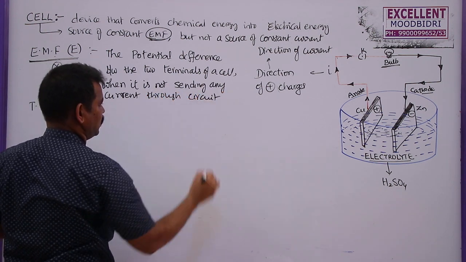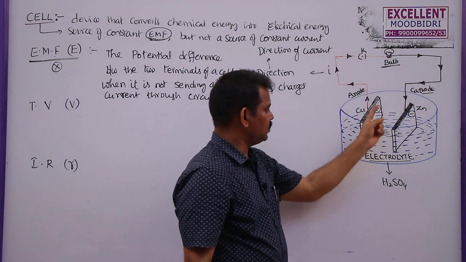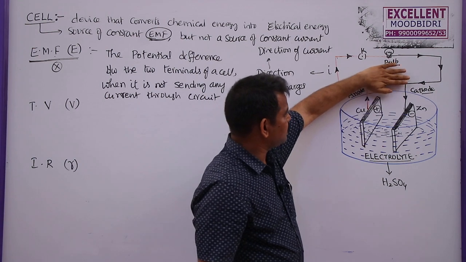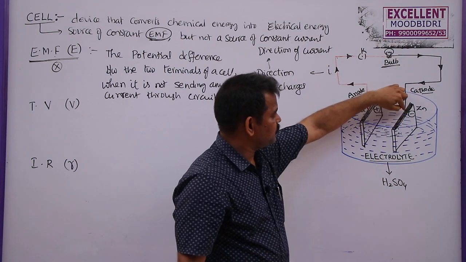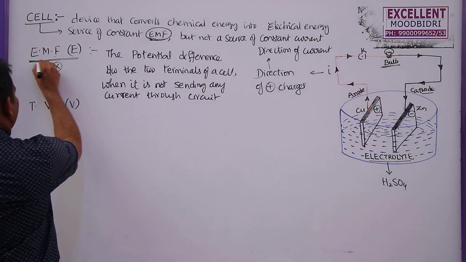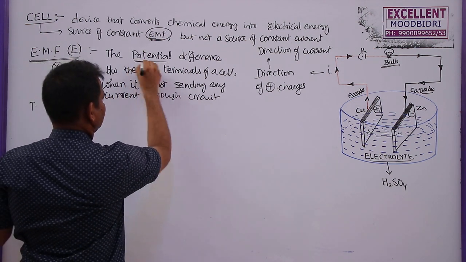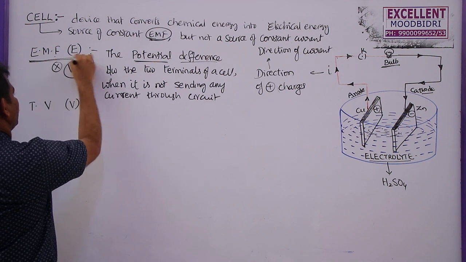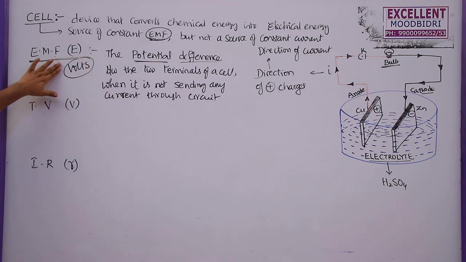So it is possible, let us say if you remove these wires, then the cell maintains a potential difference between these two. Without this external circuit, the potential difference between these two is called EMF, electromotive force. As it is a potential difference only, this is measured in volts only. The SI unit of EMF is volts.